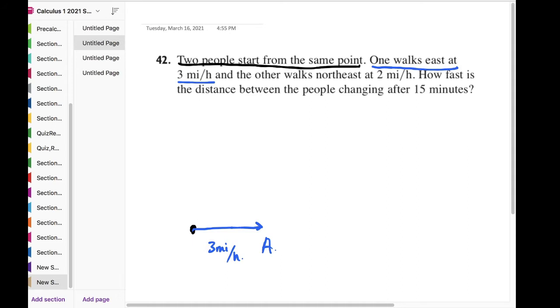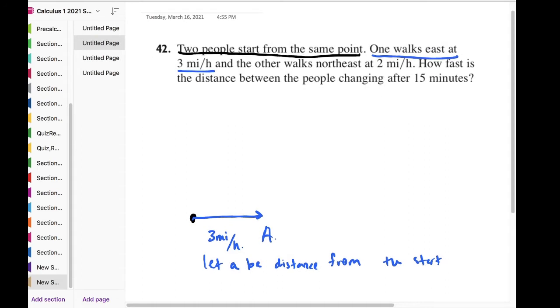So maybe let A be the distance from the start. Okay, what should this tell you?